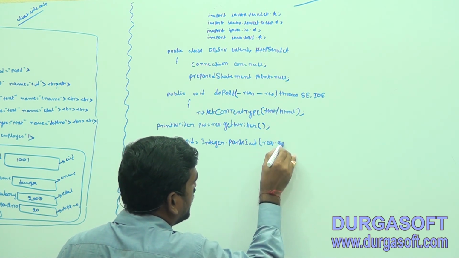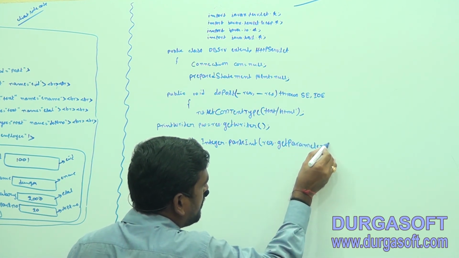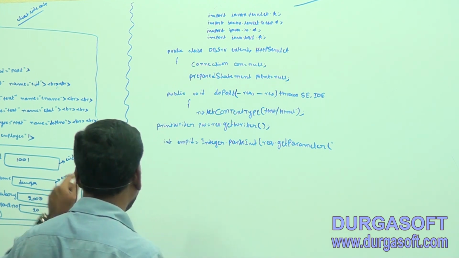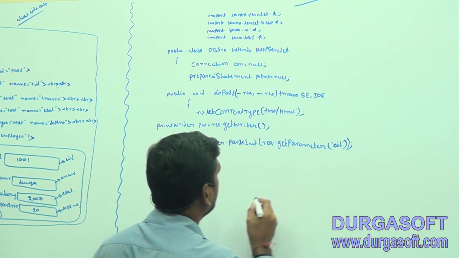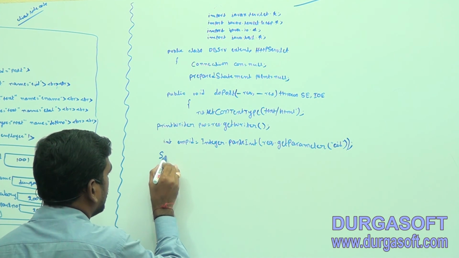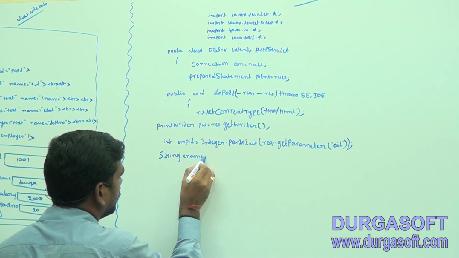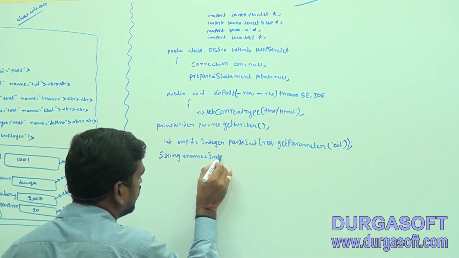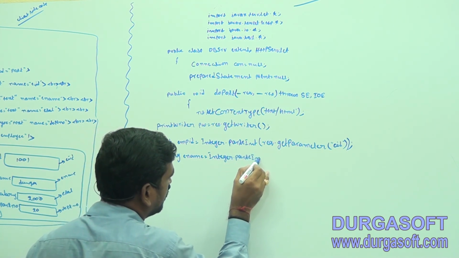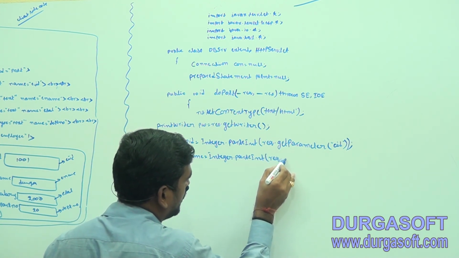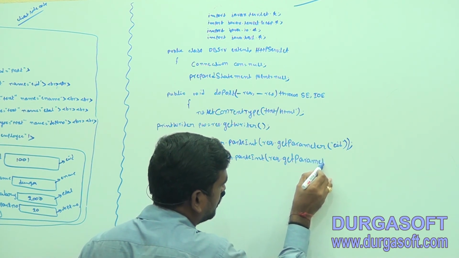Request dot getParameter of what we have to pass, EID. The next, String ename is equal to Integer.parseInt of req dot getParameter of.